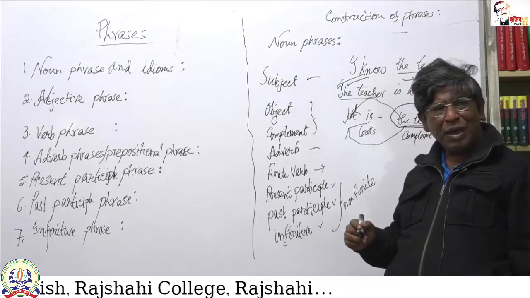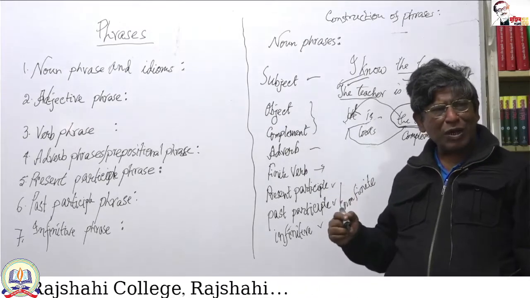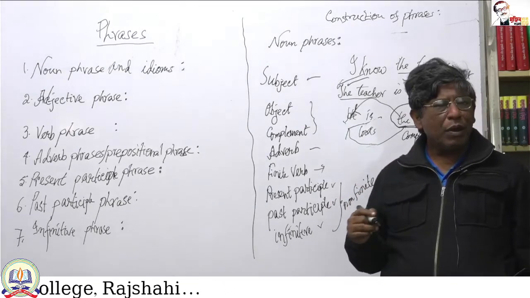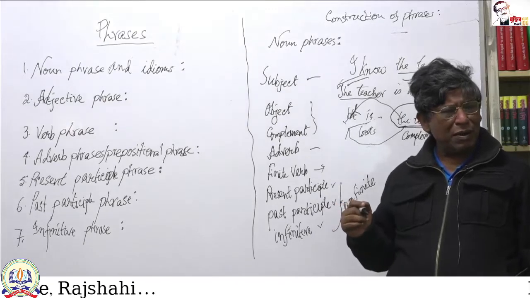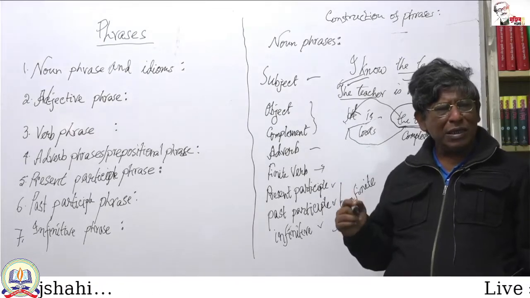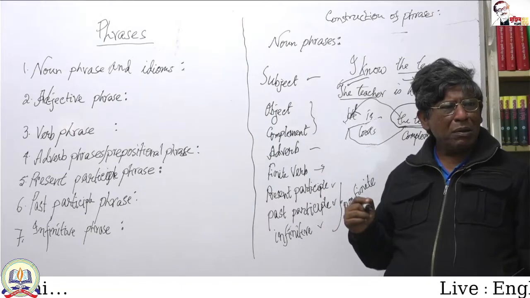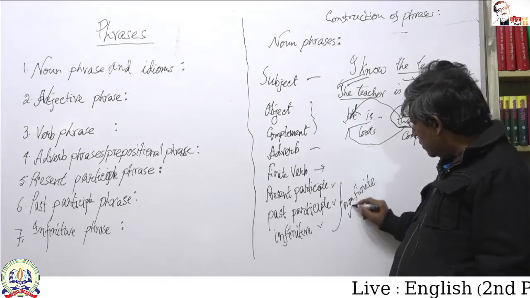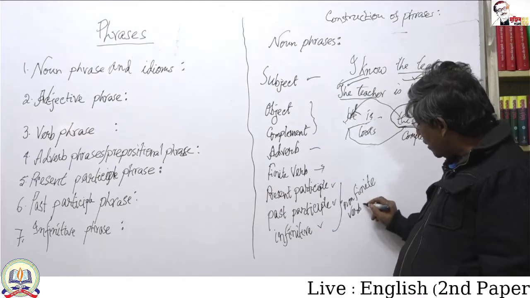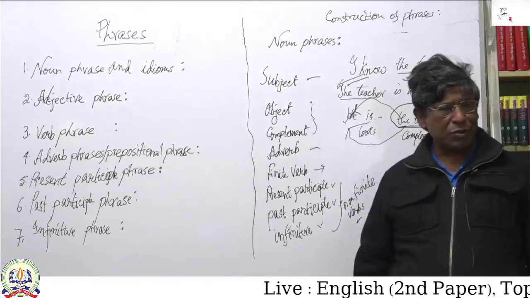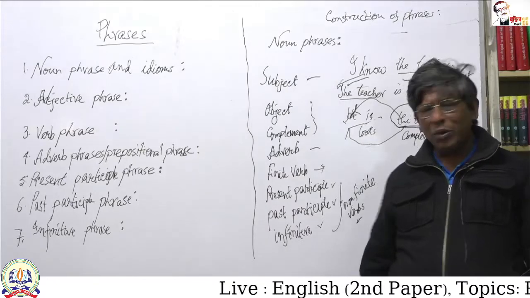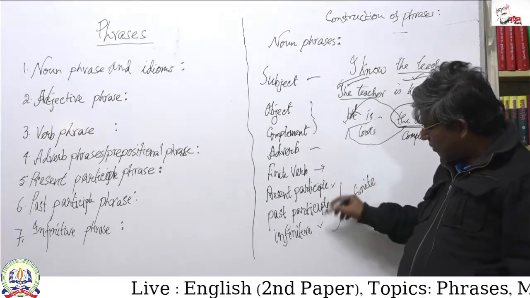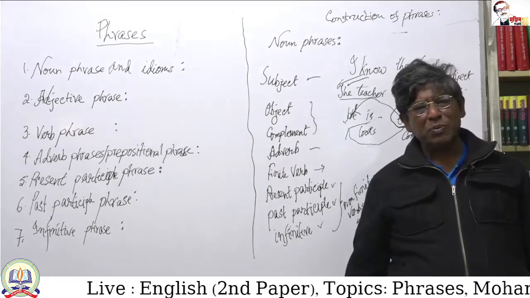Finite verbs are functional verbs with tense forms, and non-finite verbs are functional verbs without any tense forms. Thus, we have 1, 2, 3, 4, 5, 6, 7, 8 types of units in a sentence.